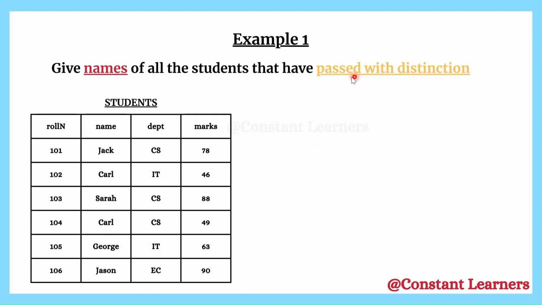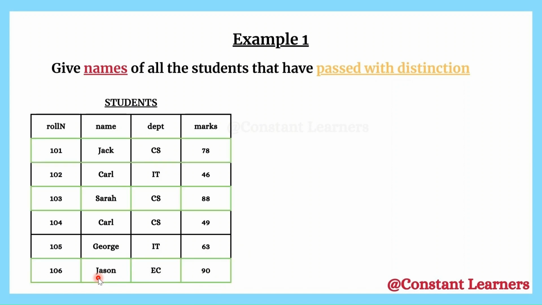So the condition is passing with distinction. Distinction means the student must have marks greater than or equal to 75. Now here we have Jack, who has 78, Sarah has 88, and Jason has 90. So our output should contain only the names Jack, Sarah and Jason.